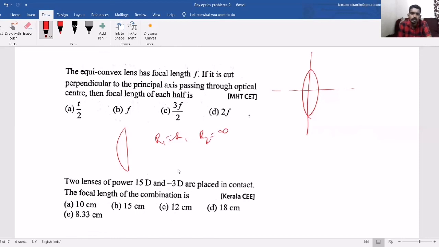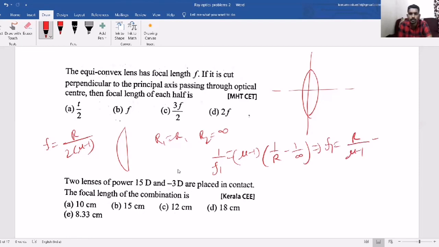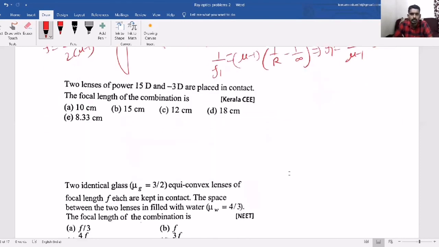If you consider the initial focal length, that will become R by 2 into mu minus 1. But if you consider this one, 1 by F1 equal to mu minus 1 into 1 by R minus 1 by infinity, which implies F1 will become R by mu minus 1, that is 2 times F. So the focal length will become double for each of them. Of course we have already seen it, but once again I explain.